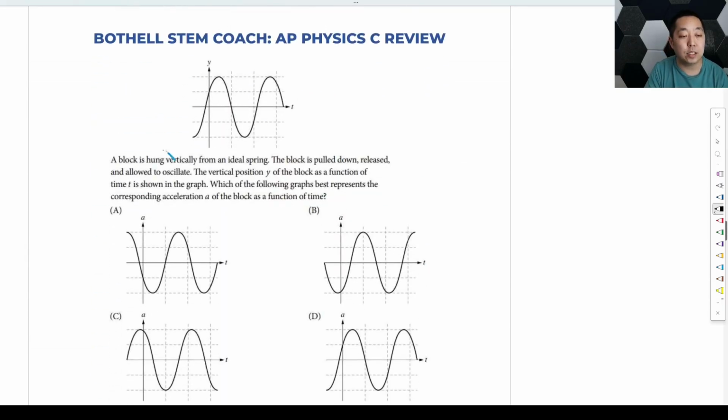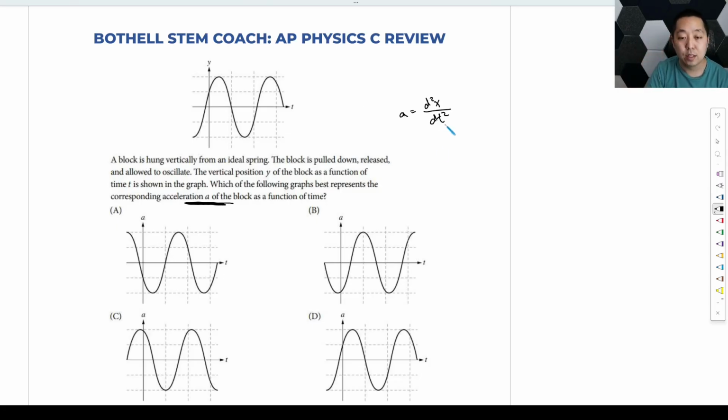Okay, so a block is hung vertically from an ideal spring. The block is pulled down, released, and allowed to oscillate. The vertical position y is shown in the graph. Which of the following best represents the corresponding acceleration of the block? There's a couple of ways to look at this. We know the acceleration is the second derivative, so you can look at the concavity, or you could look at it from a physical sense.